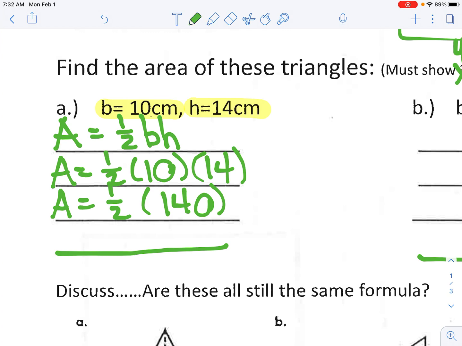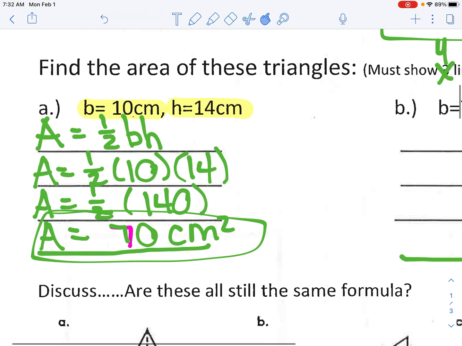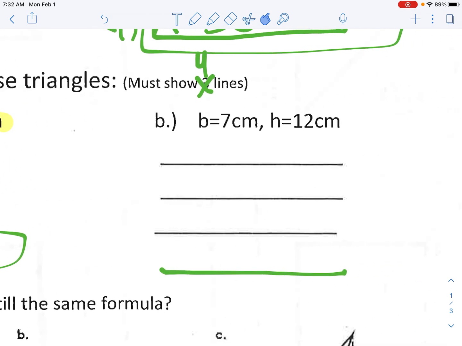Let's see. If I ignore that 0 for a second, half of 14 is 7, and then I would have to add that 0 back. So that would be 70. Area equals 70 centimeters squared would be our final answer on that one.